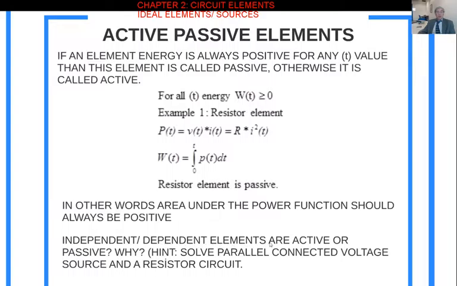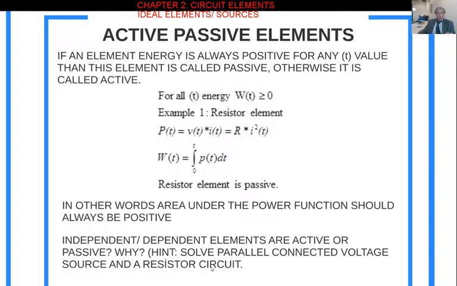Are independent and dependent elements active or passive? Here is a hint: solve a circuit with a parallel connected voltage source and a resistor. Maybe you don't know some of the axioms of this theory yet, you might not do it, but when you learn it you could do these.